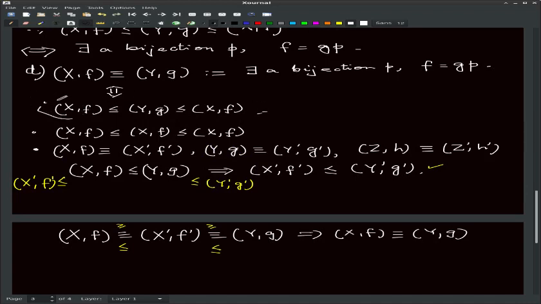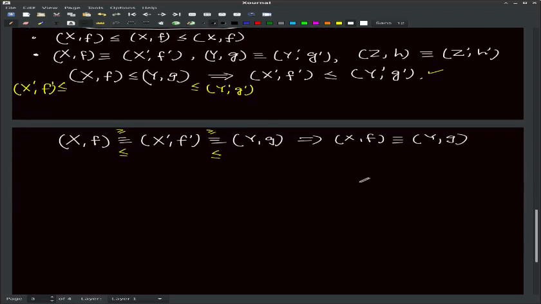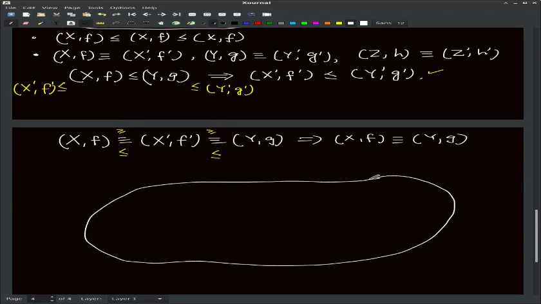So this tells us that it is automatically symmetric, right? So it is symmetric, it's transitive, it's reflexive, so it's an equivalence relation. So now what happens? If this is an equivalence relation, then what is happening? If this is the set of all injections in B, the equivalence relation is going to partition it.